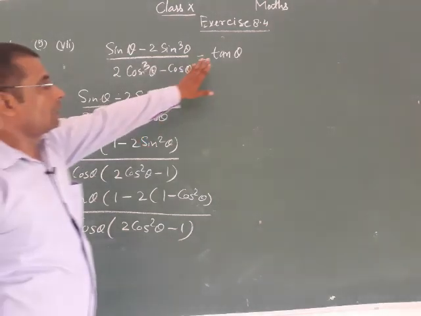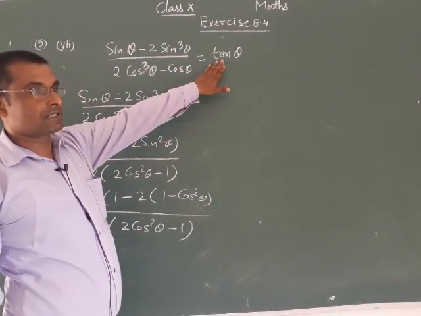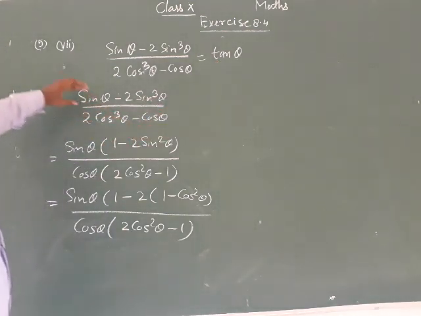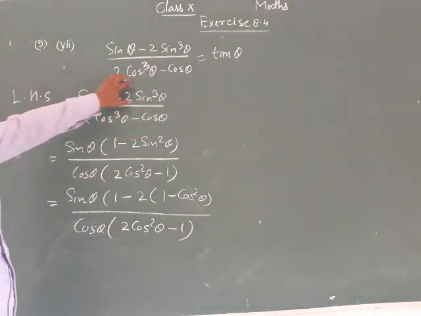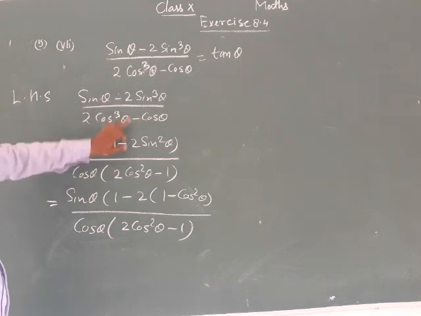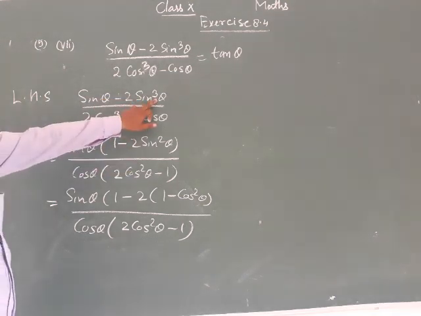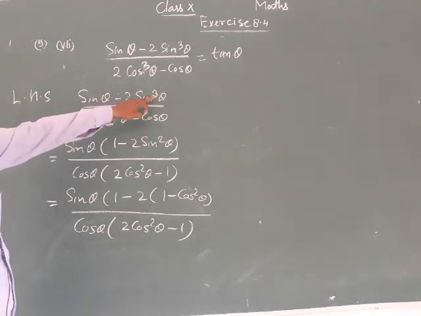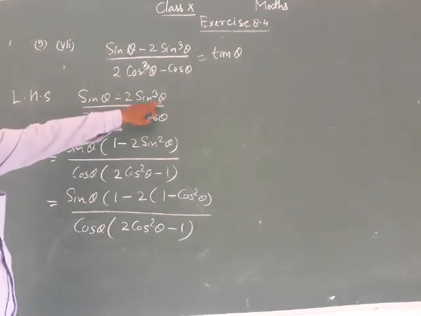So to prove tan theta, which means sin upon cos, common out sin theta in the numerator. Sin theta common out, so 1 minus 2 sin square theta.